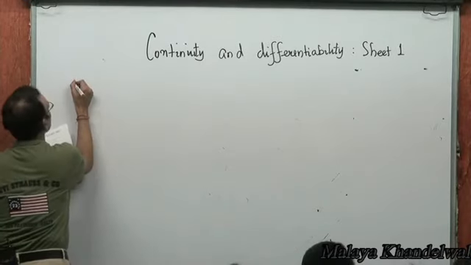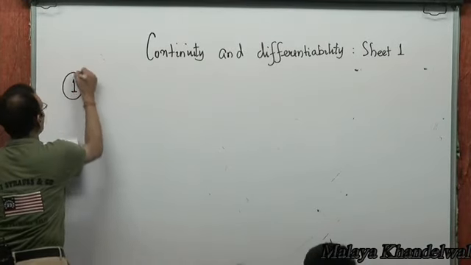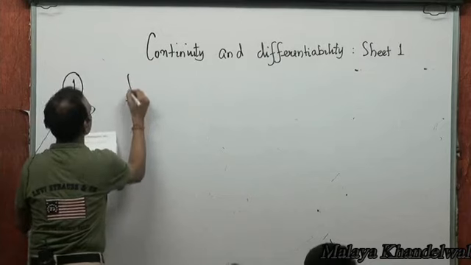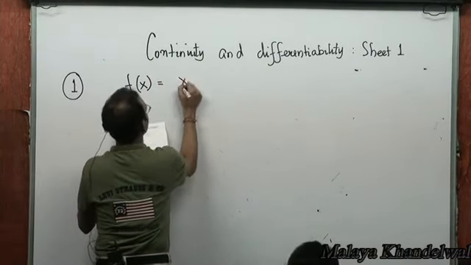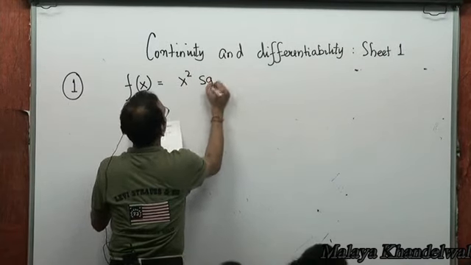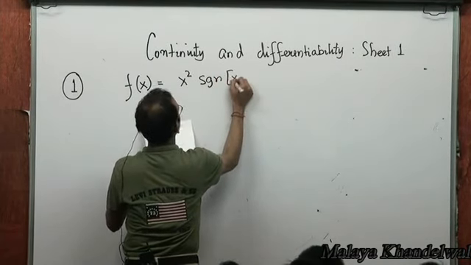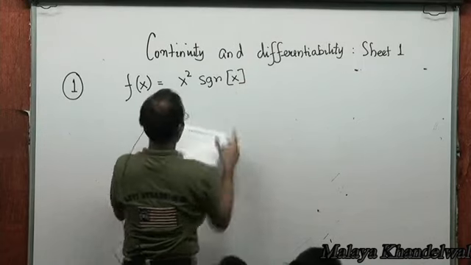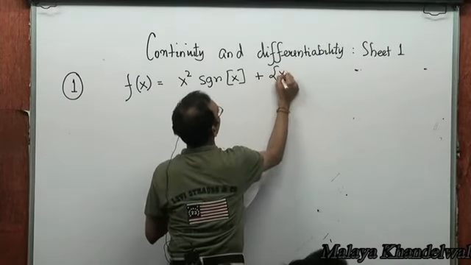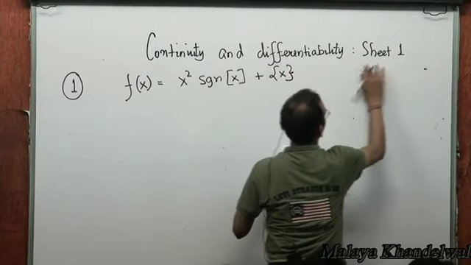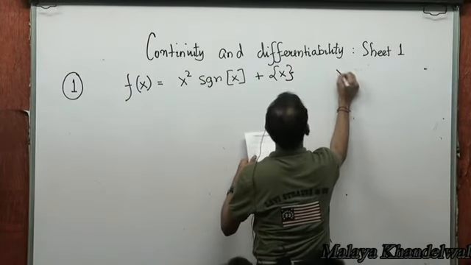So the first problem of the sheet is about a function f(x) equal to x squared signum of box x plus fractional part of x, where x lies in the interval 0 to 2.